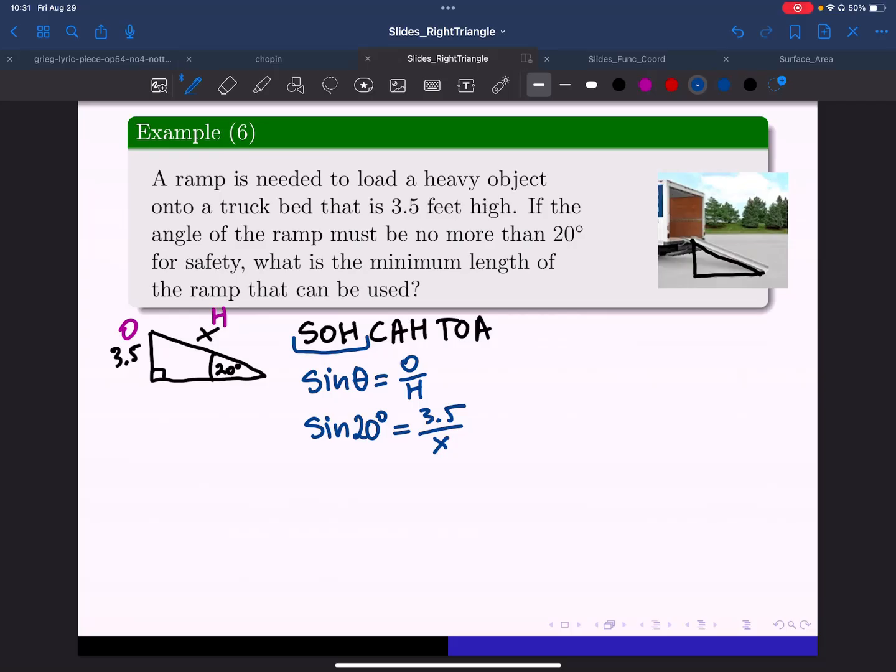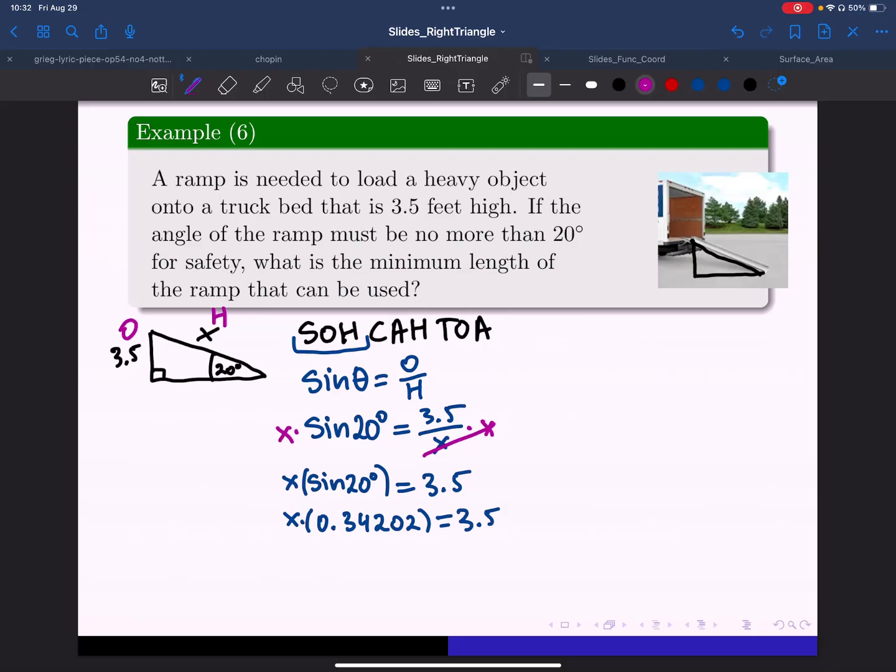Now to solve it for x, we need to multiply times x, multiply times x. This cancels out. So I have x times sine 20 is equal to 3.5. If we use the calculator to type sine 20, we have that x times 0.34202 is equal to 3.5.